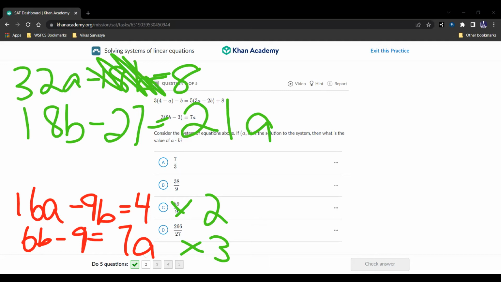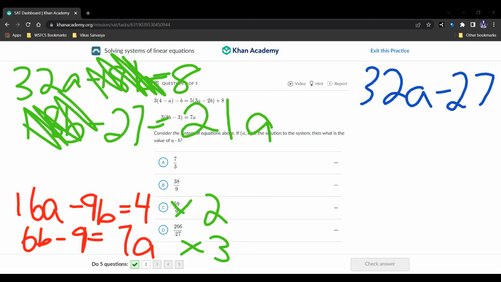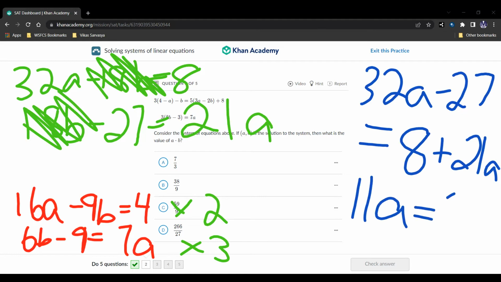So this is going to cancel with this, and then we're going to get 32a equals 8 plus 21a, and then we can add the 27 to both sides. We can subtract the 21a from both sides, and we get that 11a equals 35.